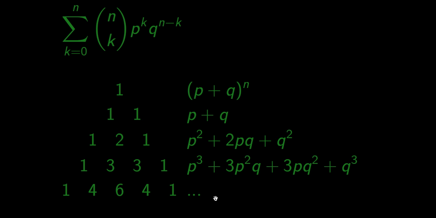What is important for our calculation is that our sum is exactly the expanded form of polynomial p plus q to the power of n. But p plus q is just 1, which proves that our formula makes sense. All the probabilities add up to 1 in general case.